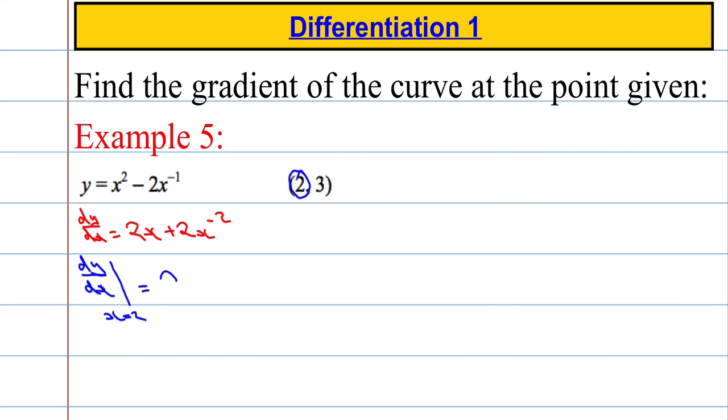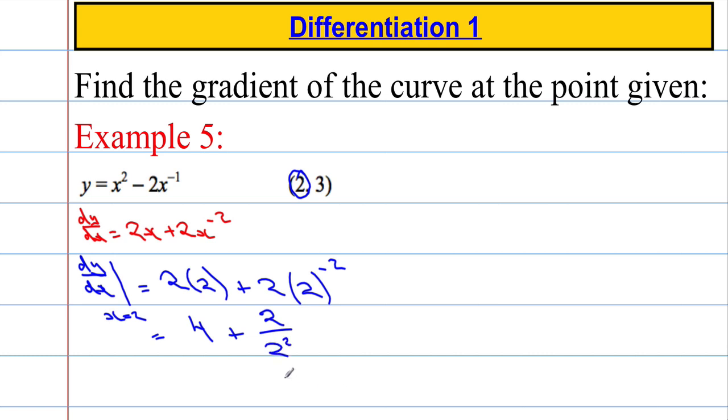So substitute in 2 times 2 plus 2 times 2 to the power of negative 2. 2 times 2 is 4 plus 2 times 2 to the negative 2. Well, I'm going to use the laws of indices. Anything to a negative power is 1 over that power.